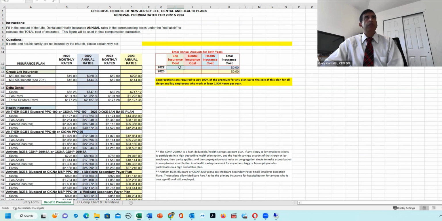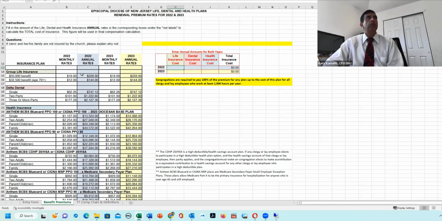And here, these amounts are annual. Even though we gave you the monthly and the annual rates for 2022 and 2023, we should enter the annual amount. So for a clergy, say the benefit amount is for group life insurance. The question is, are they 70 or below or 70 or above?